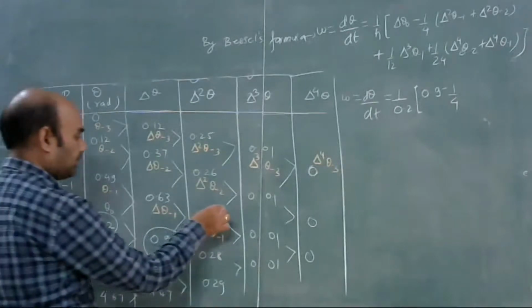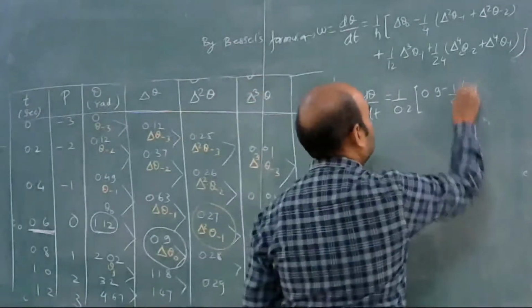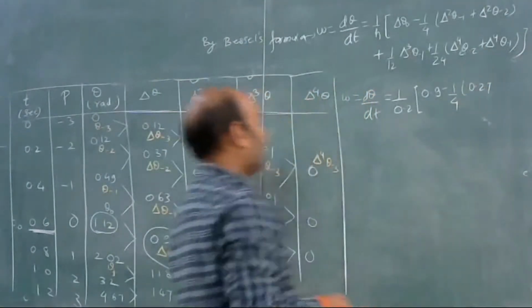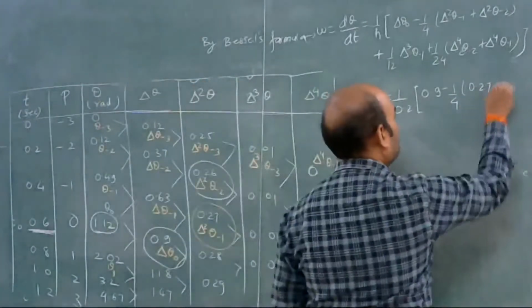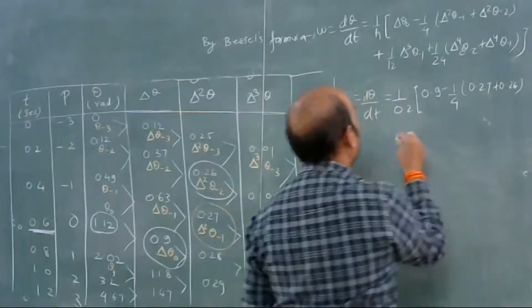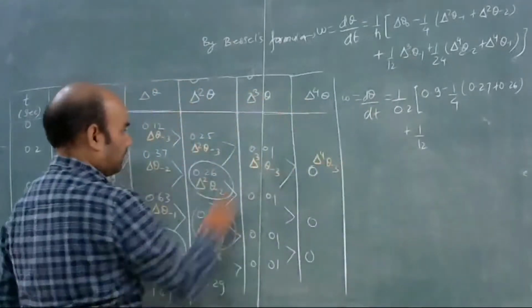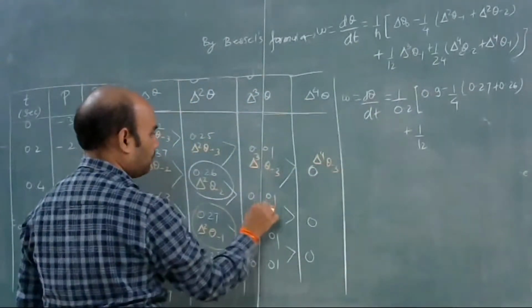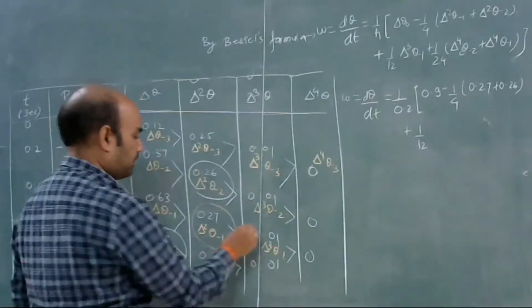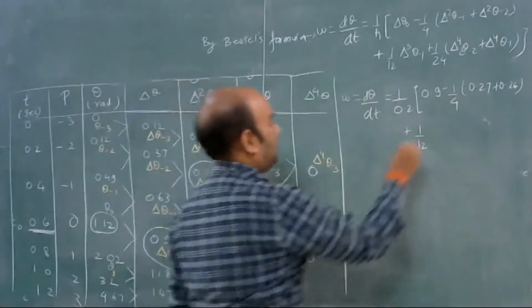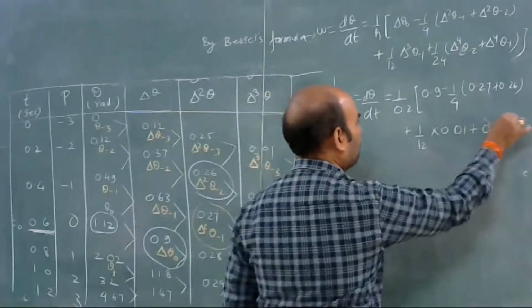So this is 0.27 and del square minus 2 is 0.26. Plus 1 upon 12 del cube theta minus 1. So this is 0.1 into 0.1, so 0.1 plus 0.